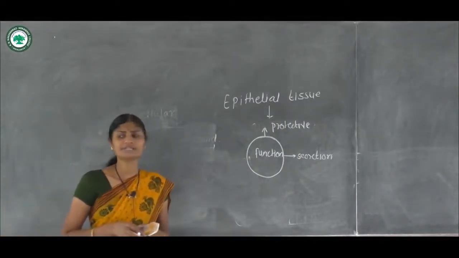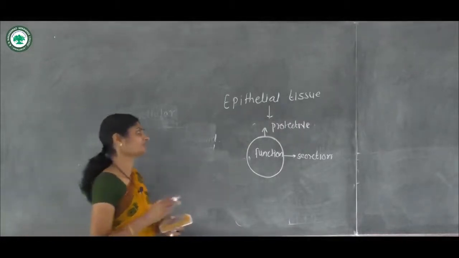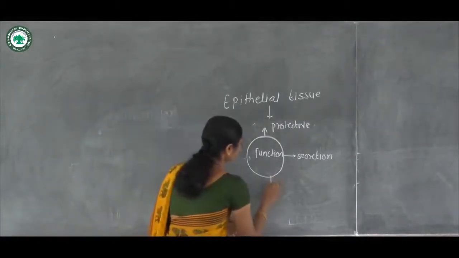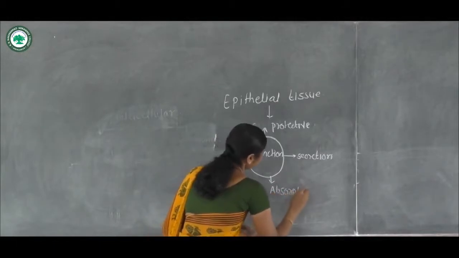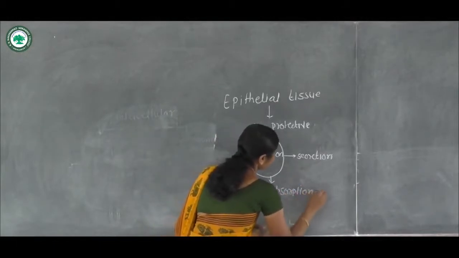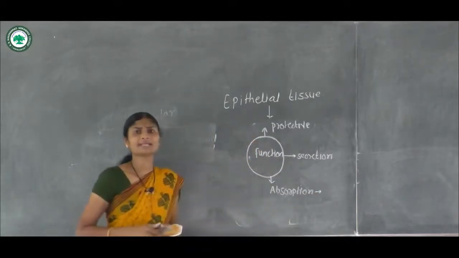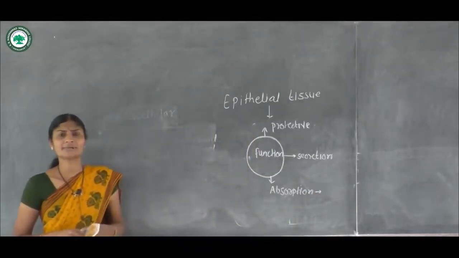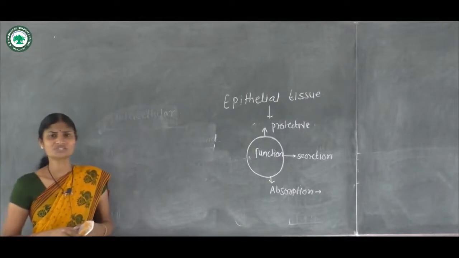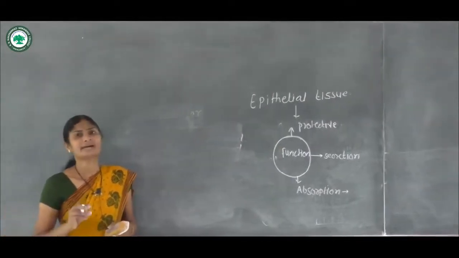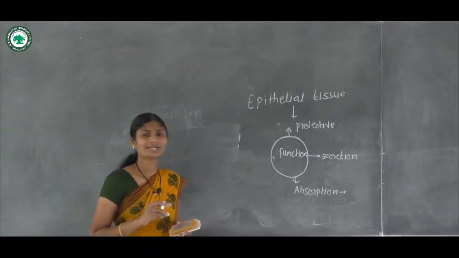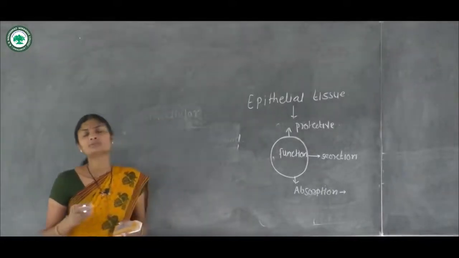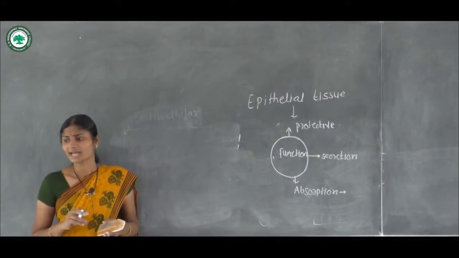Next function is absorption. Columnar epithelial cells are present in the large intestine, and nutrients from food material are absorbed there.